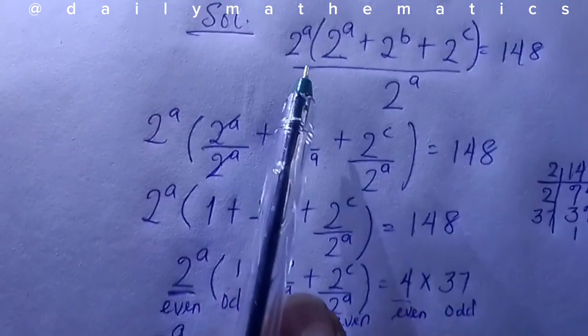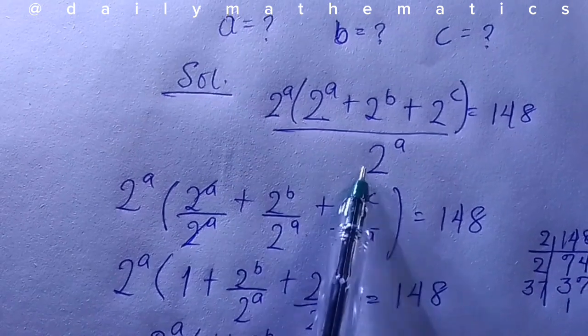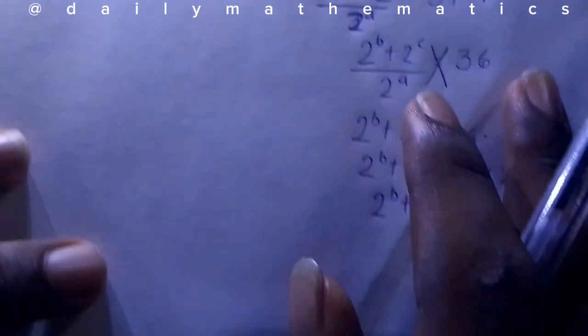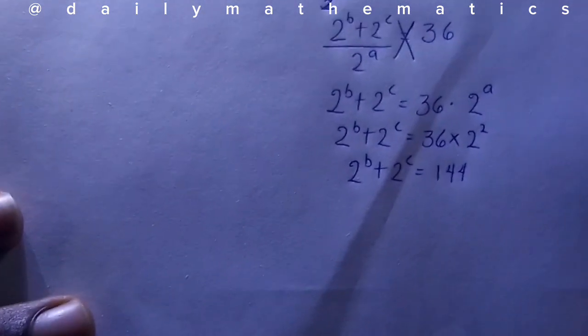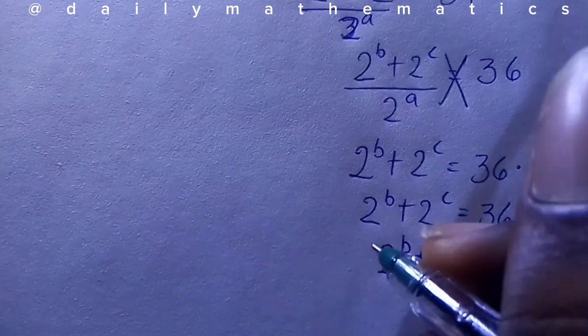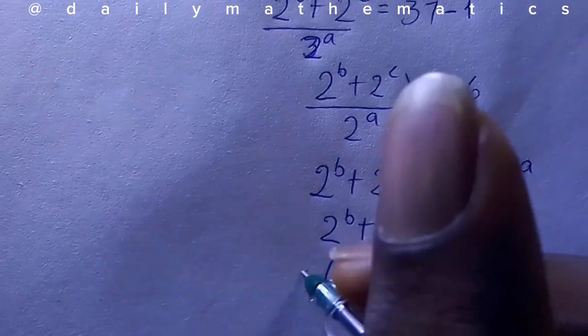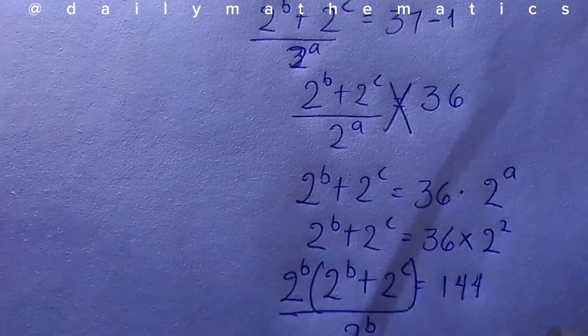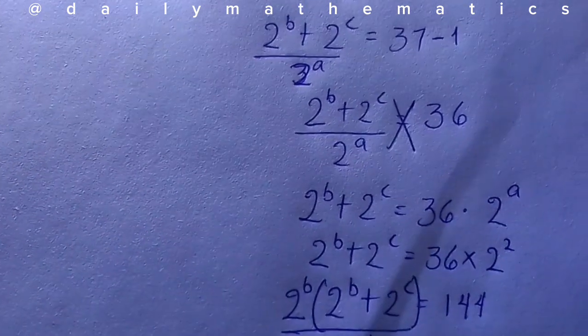Just like what we did at the beginning, when we multiplied by 2 raised to the power of a over 2 raised to the power of a, we'll do the same thing for this particular one. So from here, we multiply by 2 raised to the power of b over 2 raised to the power of b, and that step we carried out, we're going to carry it out here again.